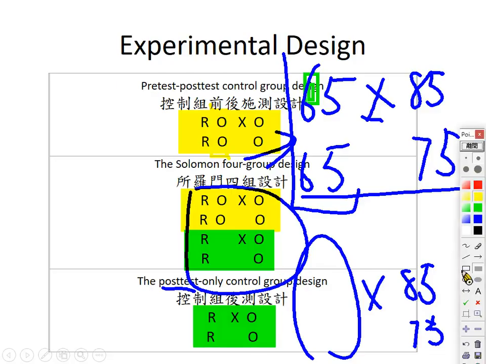So the purpose for this design is to get rid of the pre-test threat and also has the advantage to know the baseline. They just combine together, okay? And what about the meaning for this Solomon four-group design? This is the utmost research design for all scientific study.